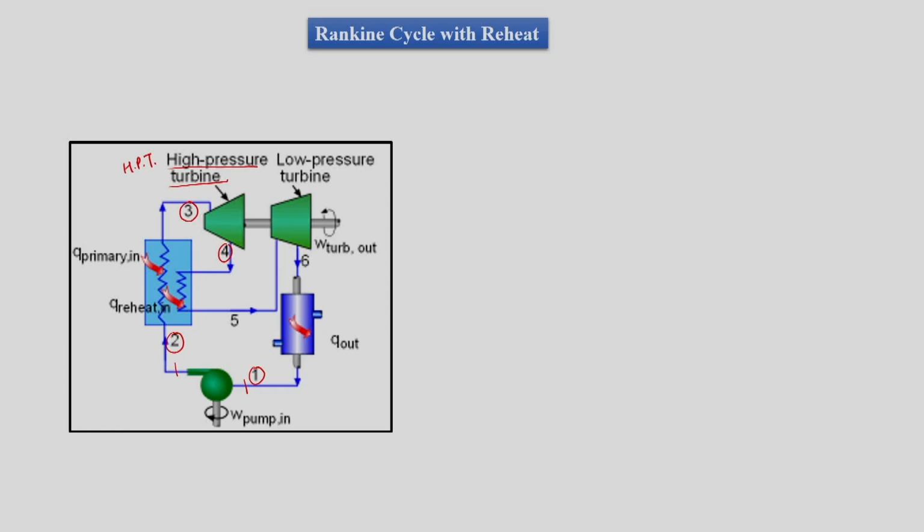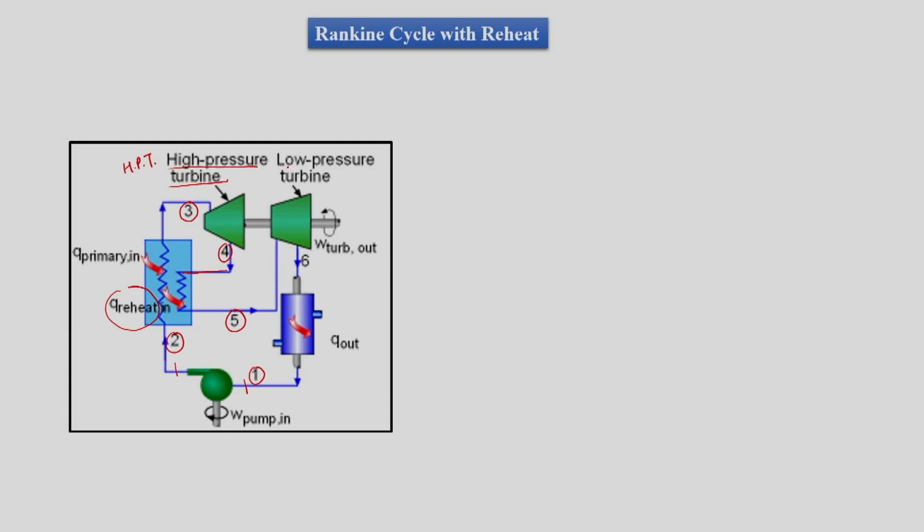Here, instead of expanding the steam completely to the condenser pressure, we will heat the steam again at isobaric condition, and that heater is called the reheater. So steam will get reheated from state 4 to state 5.